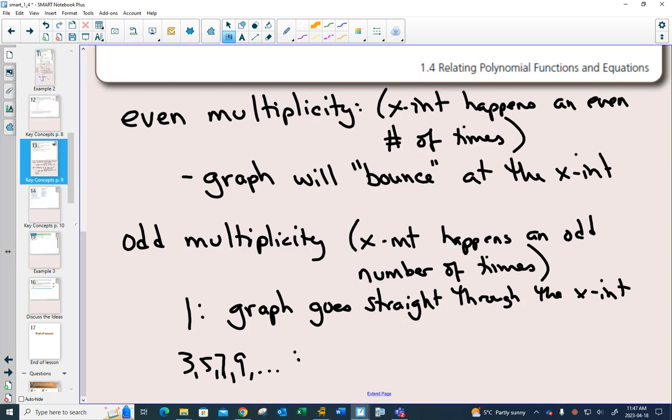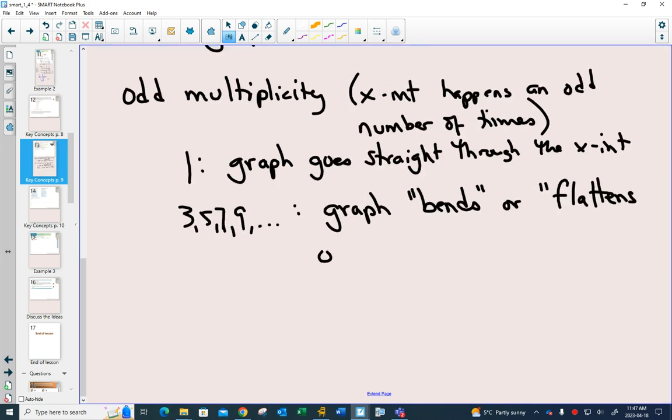But if you have an odd multiplicity of 3, 5, 7, or 9, something bigger than 1, your graph we'll call it either bends, or sometimes people like to say flattens out at the x-intercept.